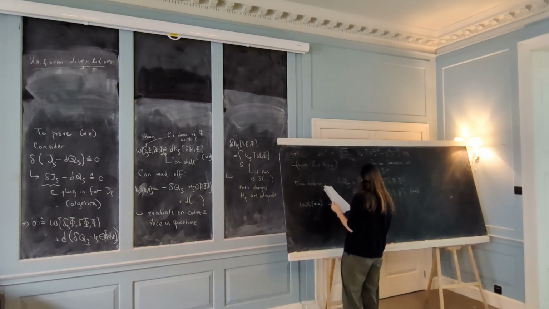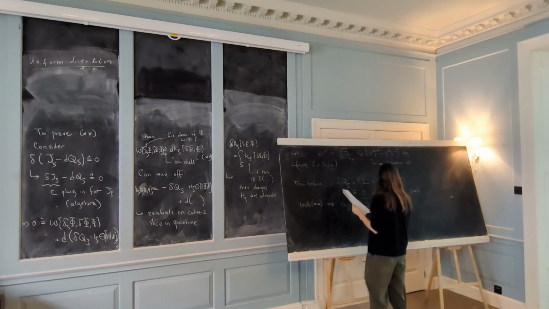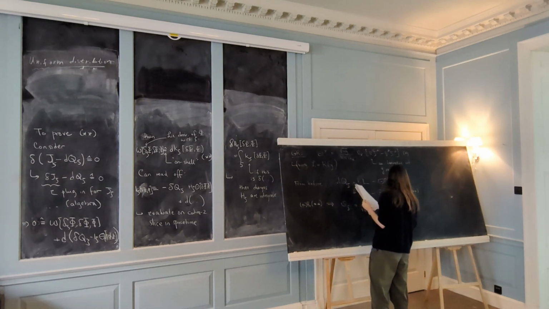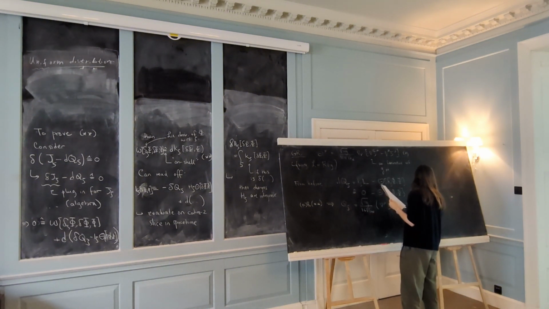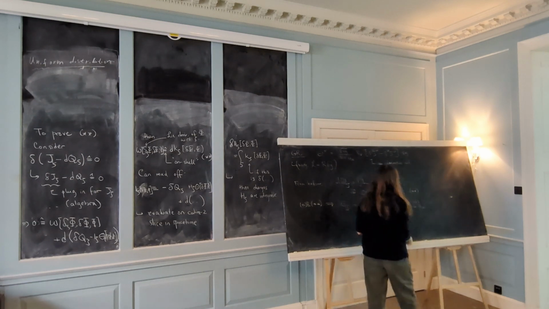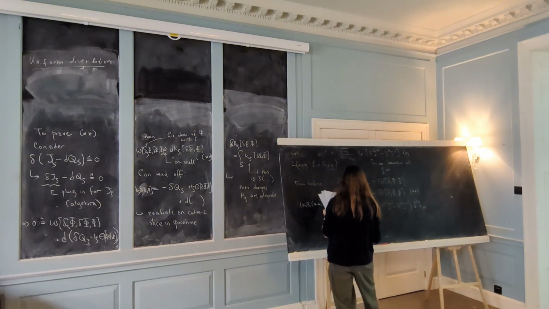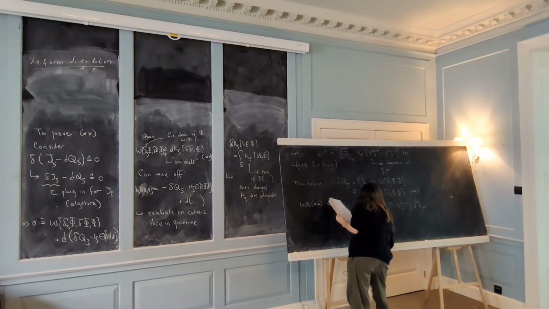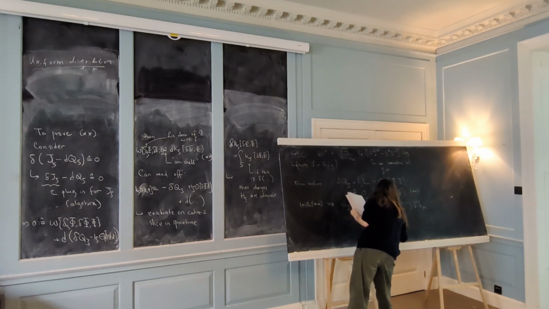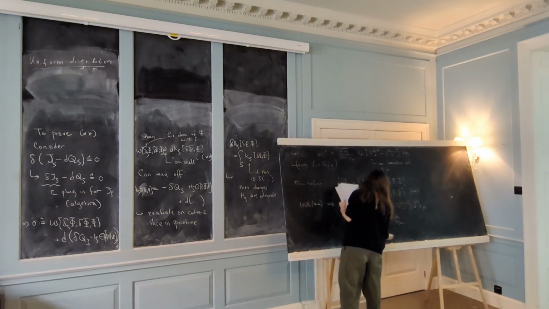So Q of zeta is minus the square root of the determinant divided by 16 pi G Newton of d mu psi nu minus d nu psi mu contracted with the d minus 2 volume element on this codimension 2 slice. Both of them are antisymmetric, so I can just write this as minus root g divided by 8 pi G Newton, d mu psi nu dx mu nu d minus 2. Okay.